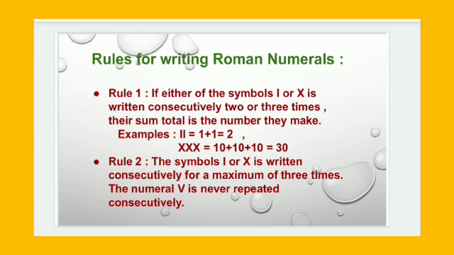Okay. Rule number 2. The symbol I or X is written consecutively for a maximum of 3 times. That means we can repeat the I or X symbol to write any number a maximum of 3 times, not more than that.